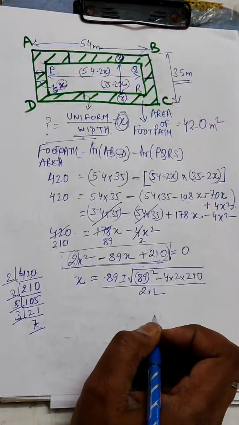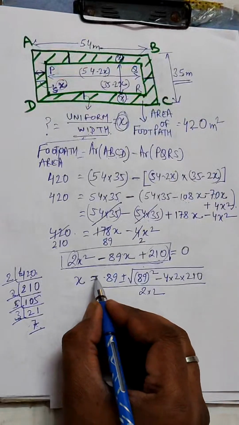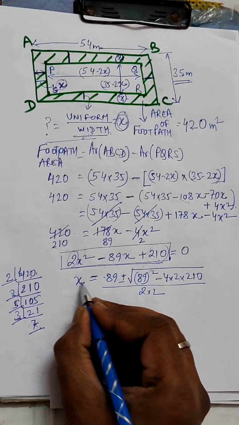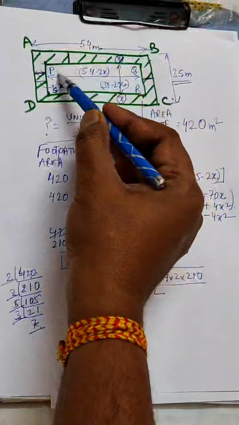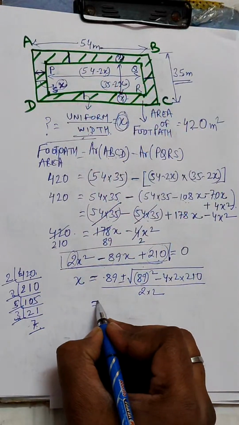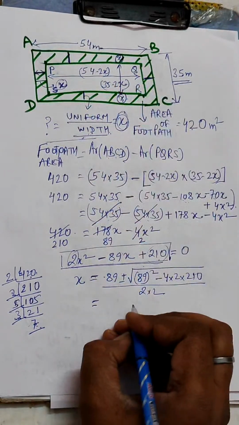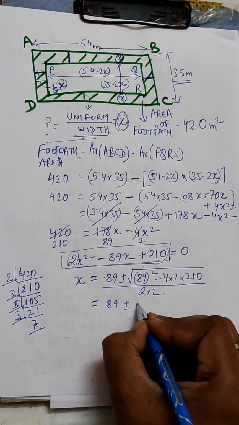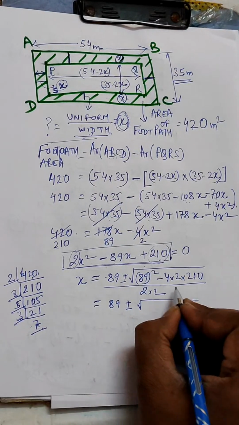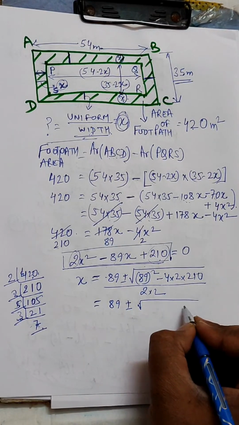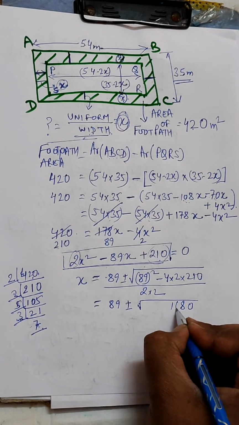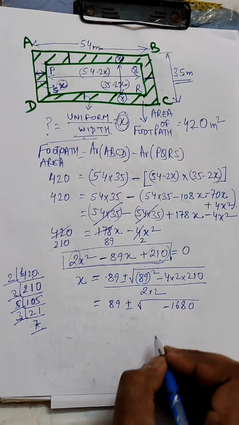We simply applied the quadratic formula to solve it. So this will give you the width of the rectangular path across this rectangular park. This will give you 89 plus minus root of 4 into 2 into 210, that is 1680, minus 89 square.